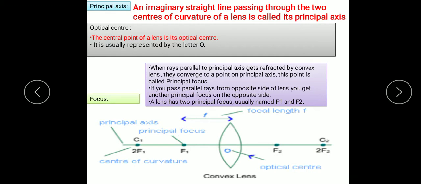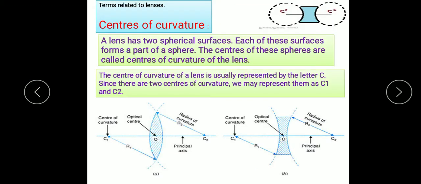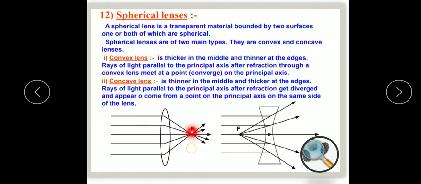The next point is the principal focus. When rays parallel to the principal axis get refracted by the convex lens, they converge to a point on the principal axis. This point is known as the principal focus in the case of a convex lens.